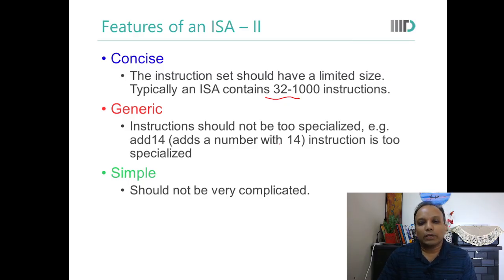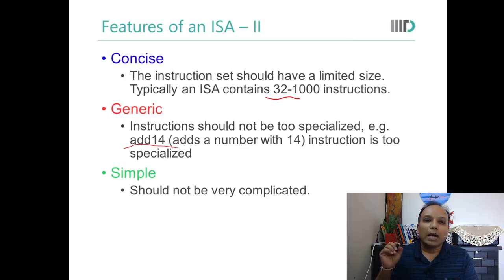Rather, you should have an add instruction which takes two operands, adds them, and stores the value. Those operands can be any number, it can be 14 or any other number. Then you have this generic add instruction, which can take care of a lot more scenarios compared to a very specific instruction like add 14. So, you do not want to propose very specialized instructions in your ISA.